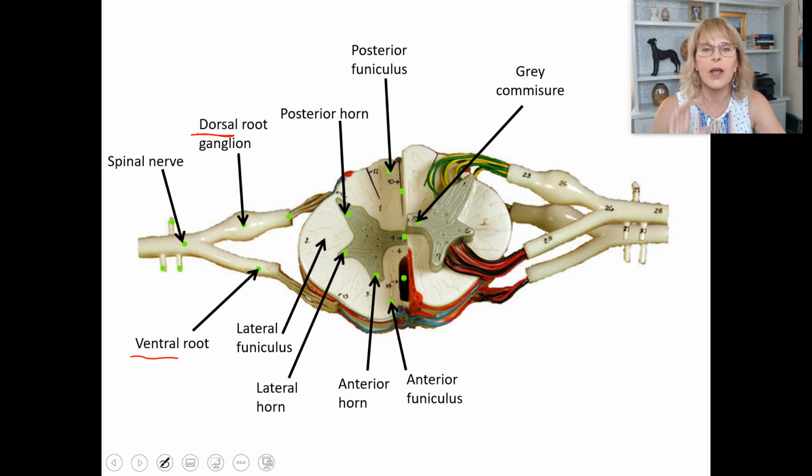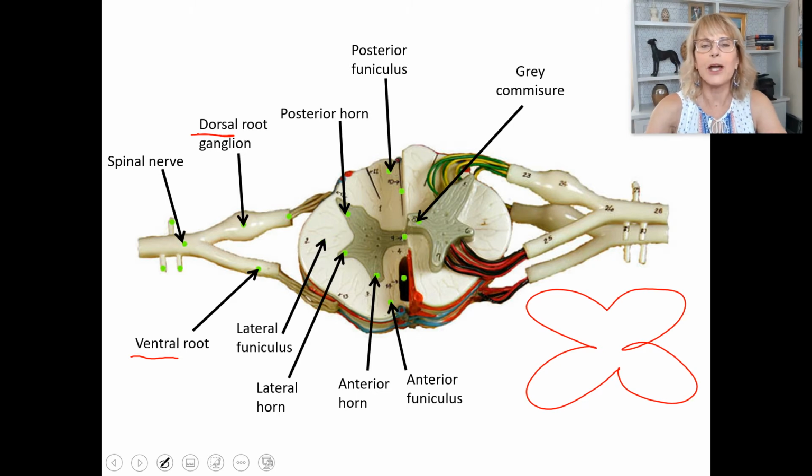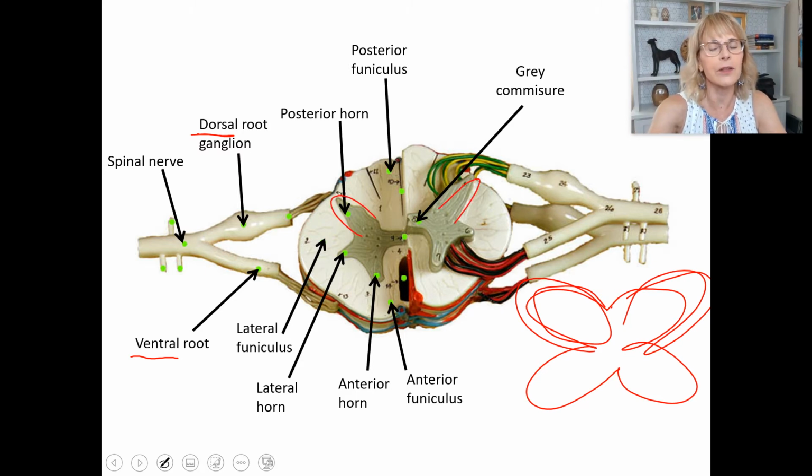Okay? Now, the butterfly has got different parts. Oh, I am so sorry. Okay, the butterfly's got different parts. Now, you know a butterfly, okay? With a butterfly, you probably would draw it so that the front wings are bigger than the back wings. And look, the front wings are bigger than the back wings. Those front wings, those are posterior. They're towards your back. And the different parts of our little butterfly are called horns.